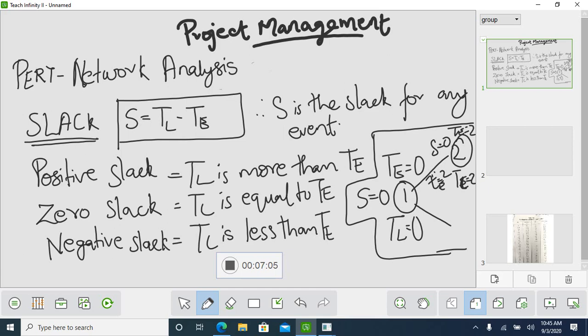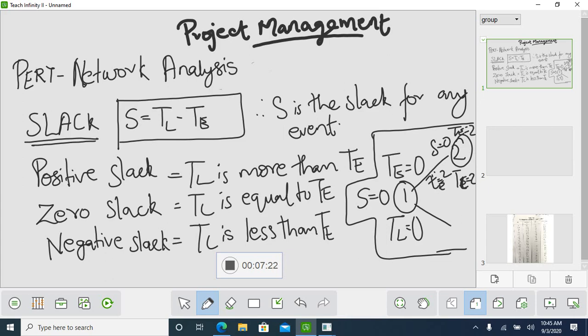So it is going behind. It is not going according to your schedule; your schedule is having delay. Whereas positive slack is when TL is more than TE. That is the case of excess resource.